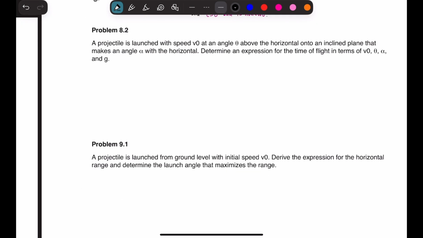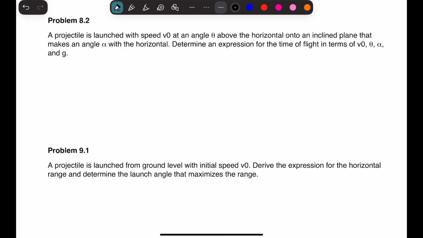Okay. A projectile is launched with a speed v initial at an angle theta above the horizontal onto an inclined plane that makes an angle alpha with the horizontal. Determine an expression for the time of flight in terms of v initial, theta, and alpha.